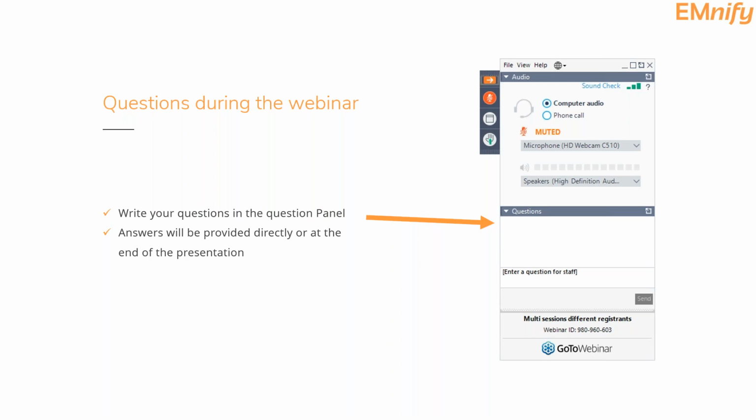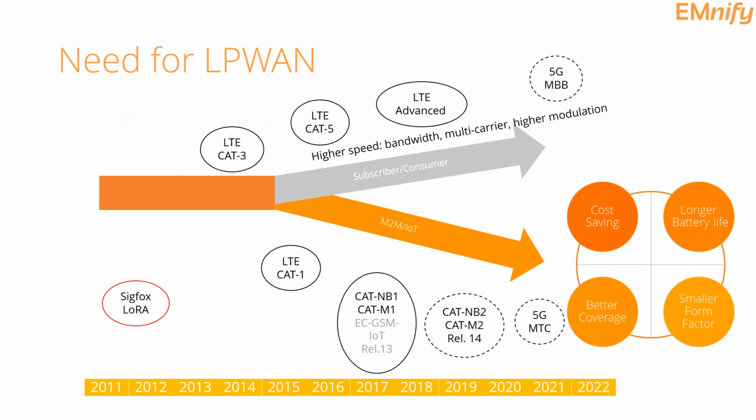Okay, with that, I would then start the presentation and just give a short idea why there's a need for low power wide area networks. If you look at cellular connectivity, on your smartphone for example, you have an approach which is always bigger, better, faster.